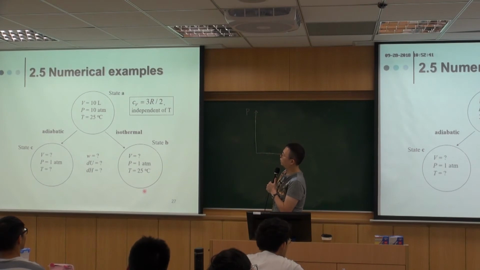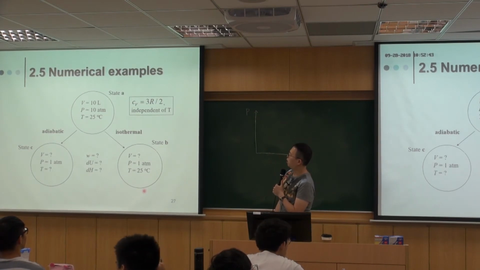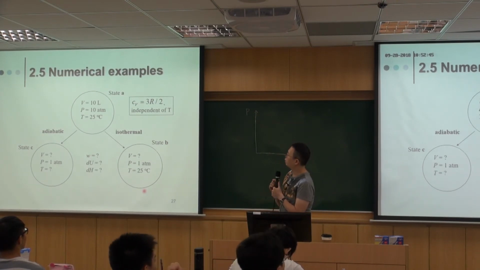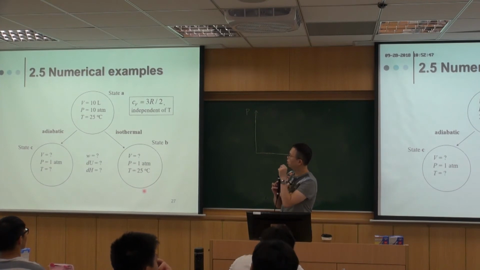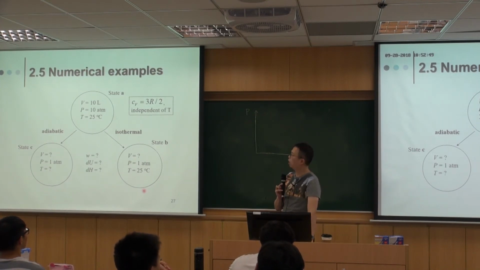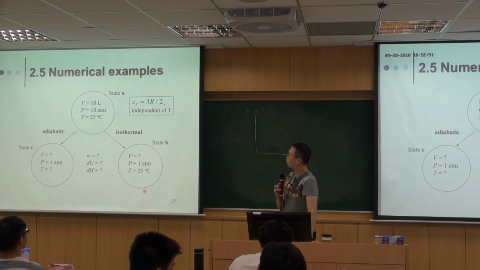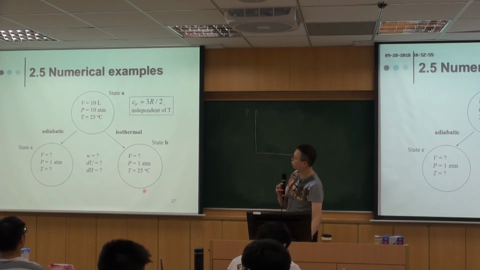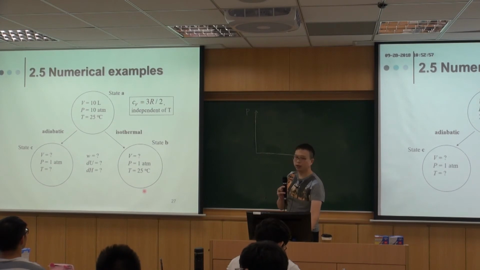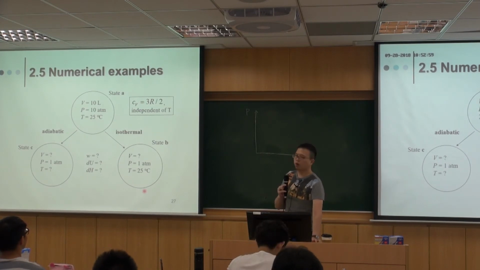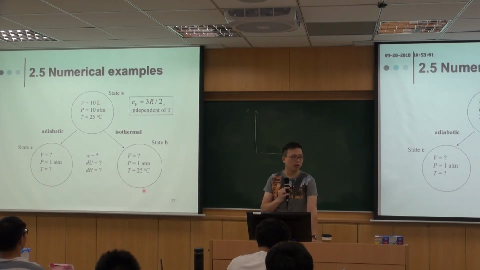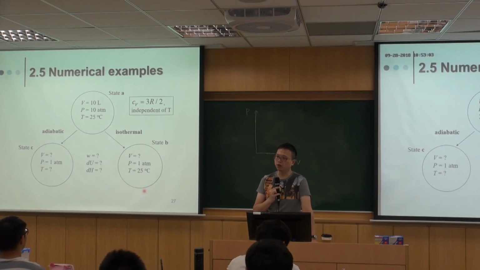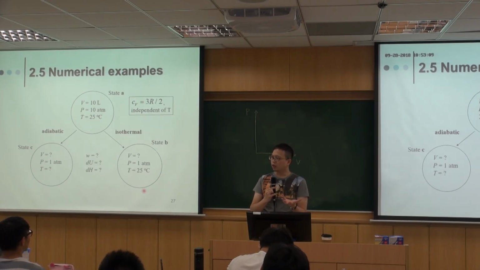For all kinds of problems, at the very beginning, you have to figure out what units you're going to use. Here we know that for pressure and volume, it's the standard atm and liters, and that will determine the gas constant you're going to use. Remember, in chapter 1, we talked about different kinds of gas constant.